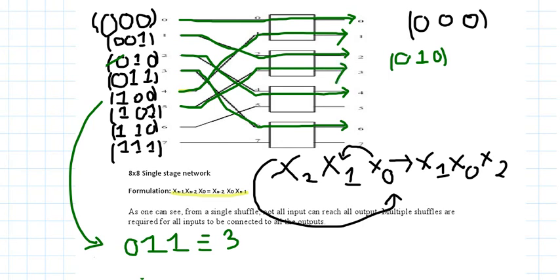Now come to the 7th processor. The 7th processor has 6 as its decimal address, and the equivalent binary representation for the address is 110.